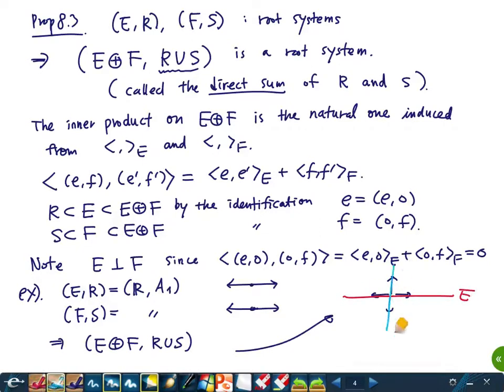We take the orthogonal direct sum of the spaces, and the roots are just the union of the roots. This is usually denoted A1 times A1, so the direct sum is usually denoted R times S.